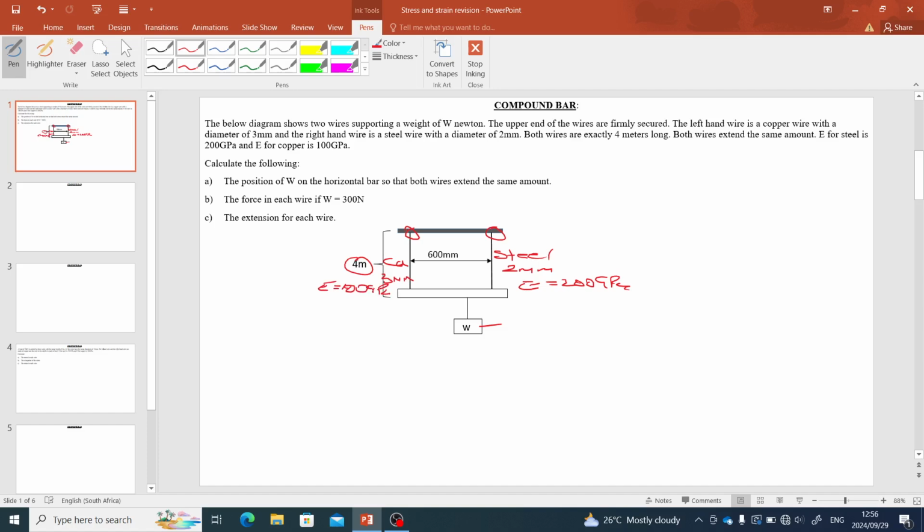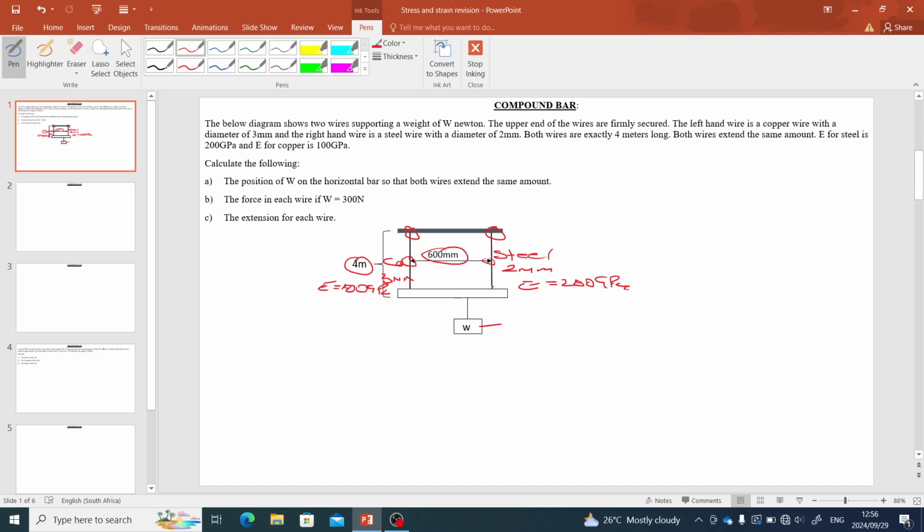Now the first question: they want us to calculate the position of W on the horizontal bar so that both wires extend the same. We know the distance from this wire to that wire is given as 600.